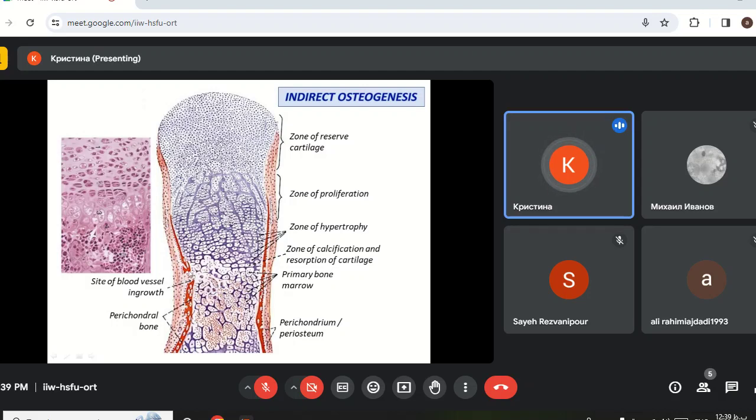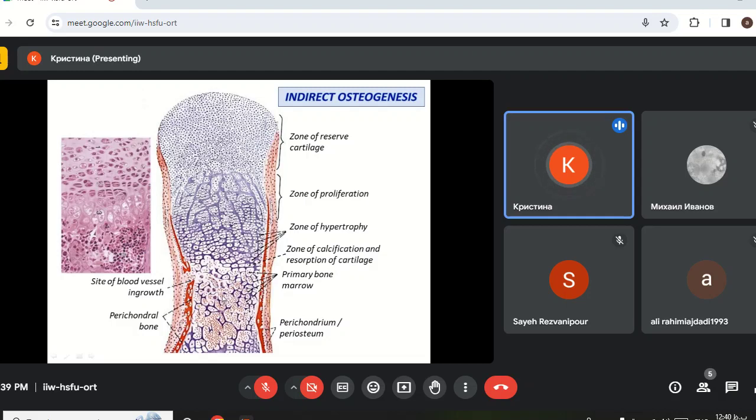They have broken down some areas of the perichondral bone, here for example, which gave the ability for blood capillaries to grow inside the bone from outside in this area. So we can see the blood vessels inside the bone here. And the osteoclasts continue to break down the calcified cartilage.